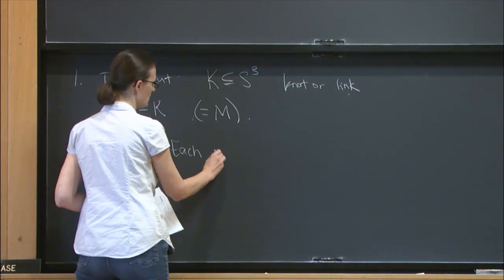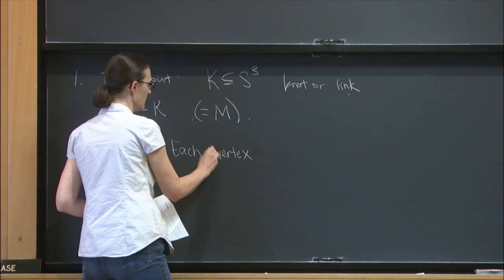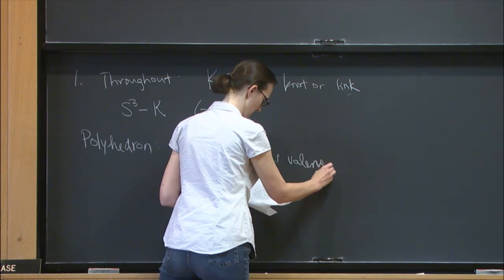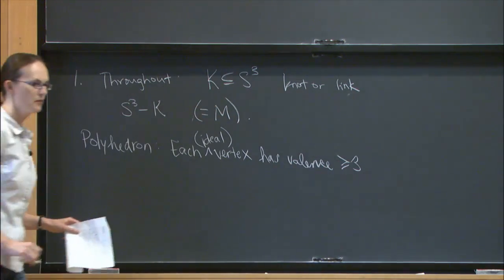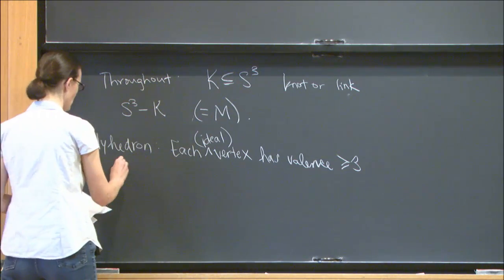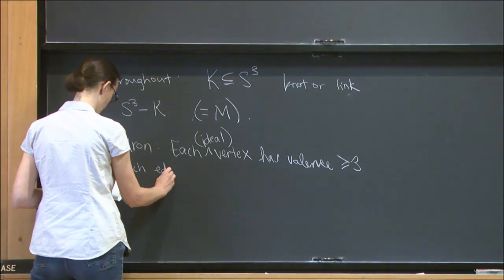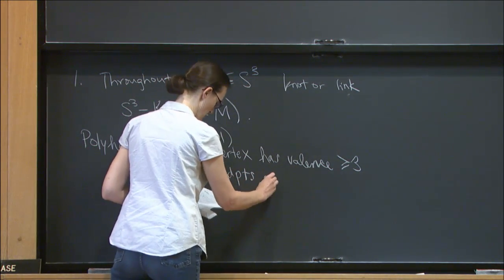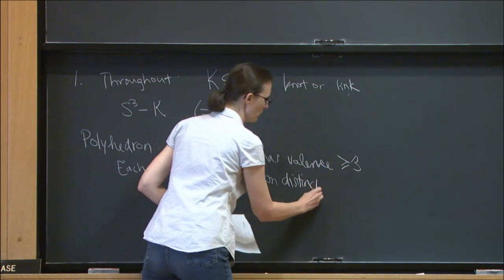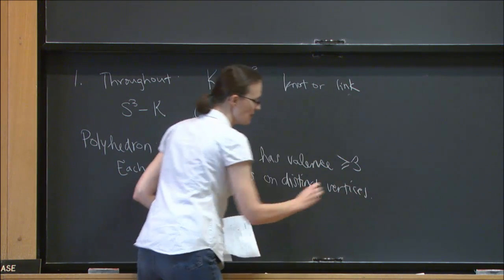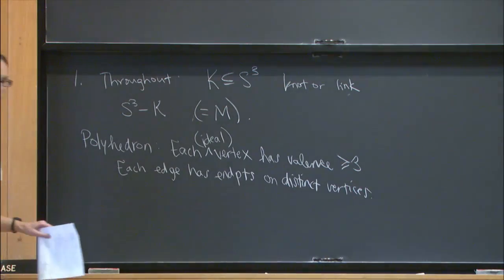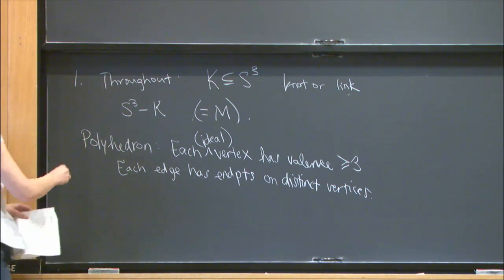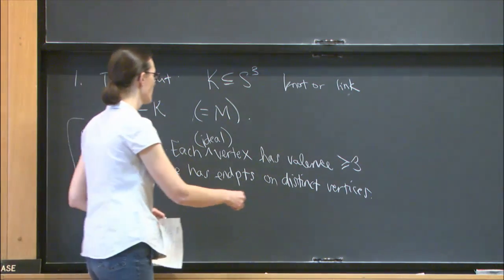So each vertex or ideal vertex has valence greater than or equal to 3, and each edge... OK, so sometimes a polyhedron is just a graph on the boundary of a 3-ball, but we're going to restrict to graphs with these 2 properties.